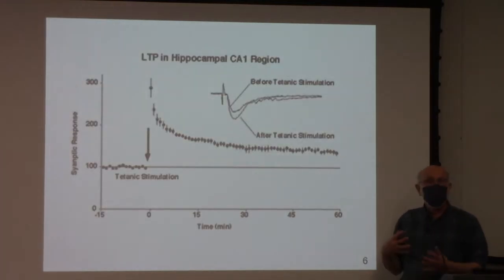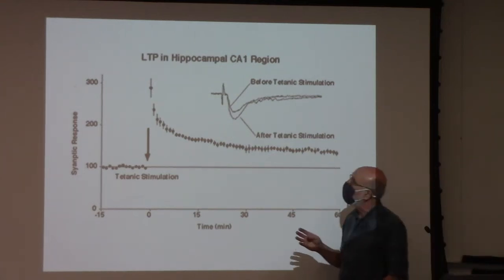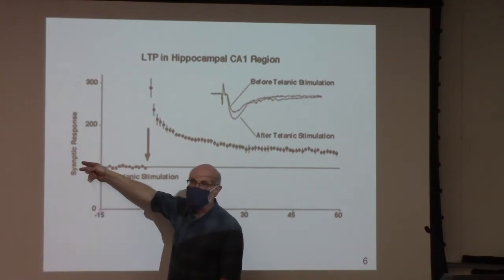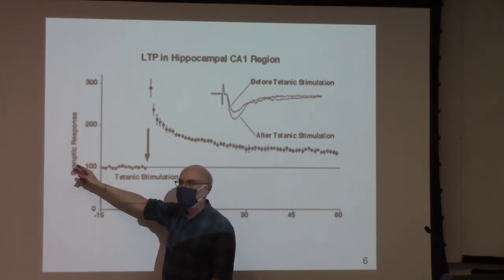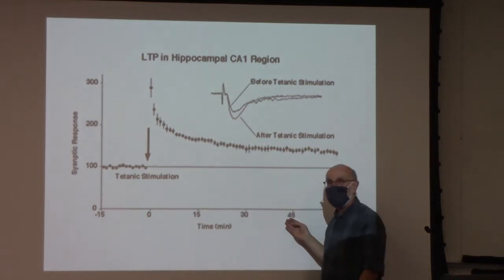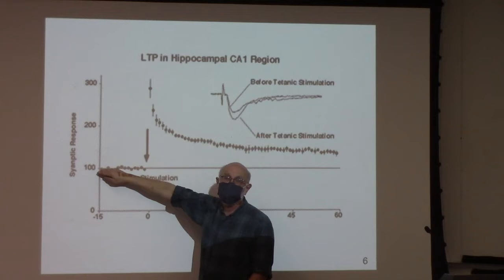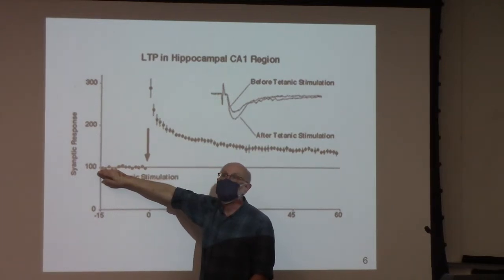And here is what long-term potentiation looked like when it was discovered. Let's get oriented. Here is a synaptic response, as a function of time. So this is the amplitude of EPSPs. This is just EPSP amplitude in a section of the hippocampus.